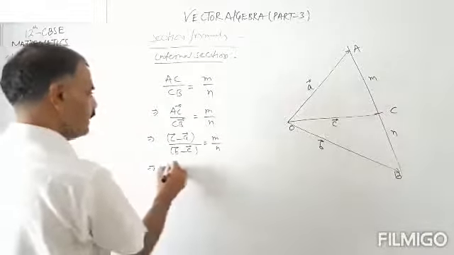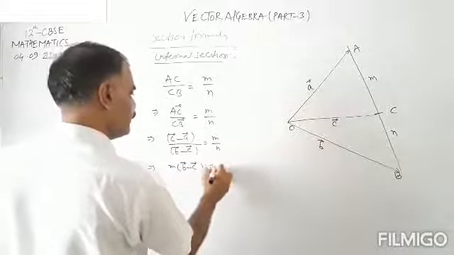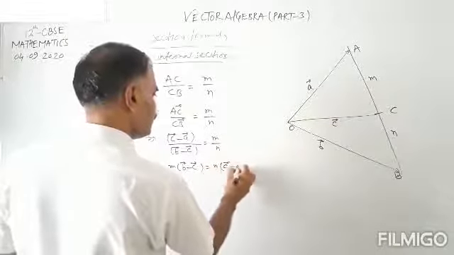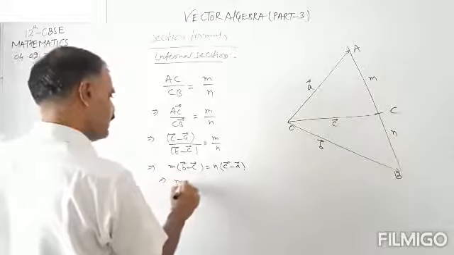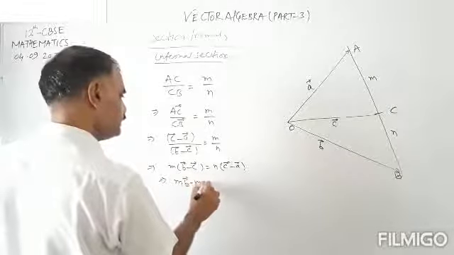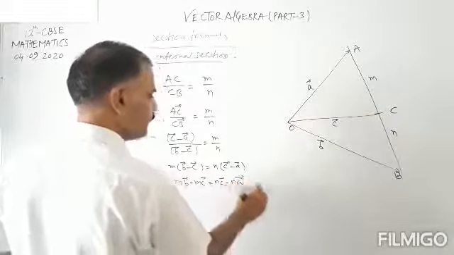So multiplying, m into (B vector minus C vector) equals n into (C vector minus A vector). Simplifying this, mB vector minus mC vector is equal to nC vector minus nA vector.